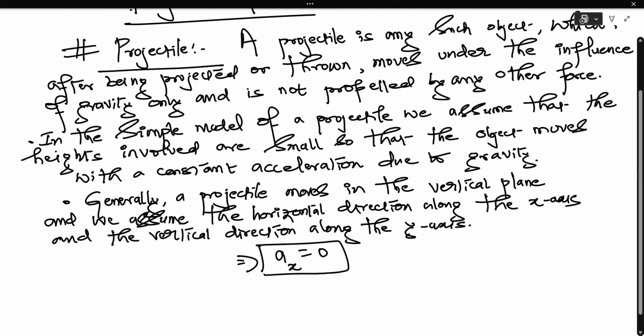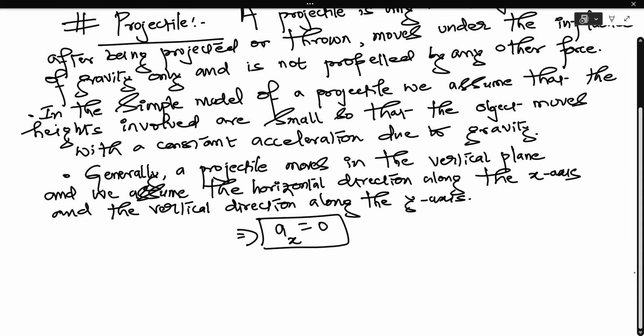Right? And the component of acceleration on y will be equal to what? Plus or minus g. ঠিক আছে? Plus minus depends on what? If you take upward as positive, then g will be negative downwards. And if you take downward as positive, it will be plus g. Depends on your choice.